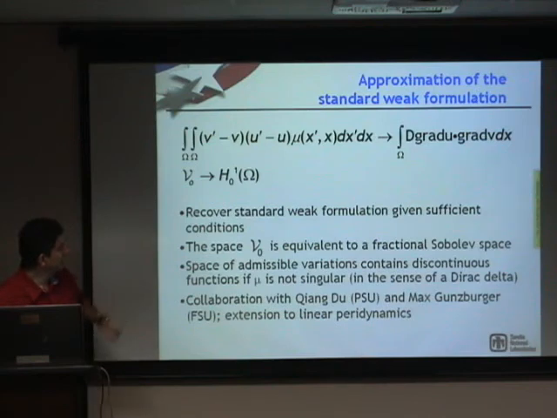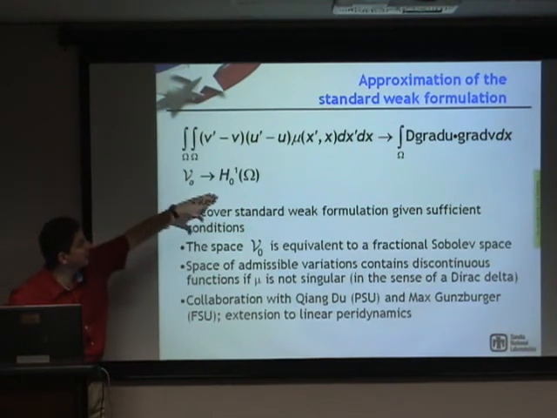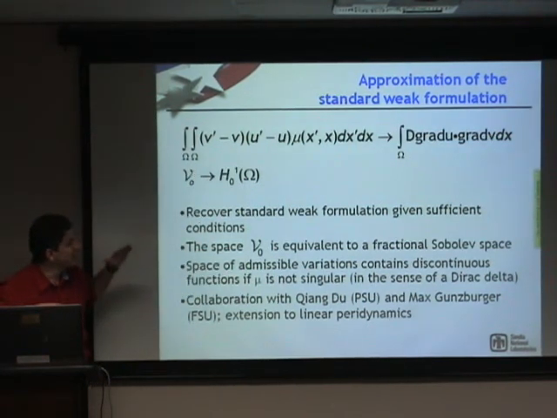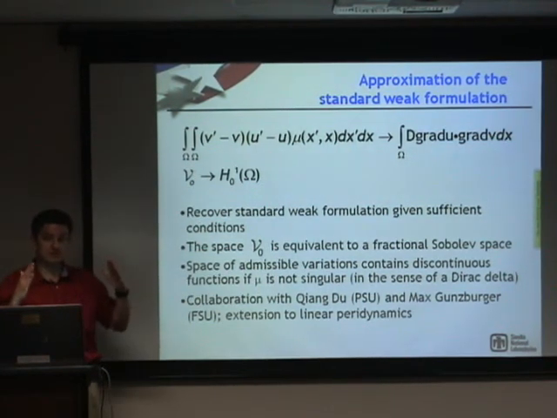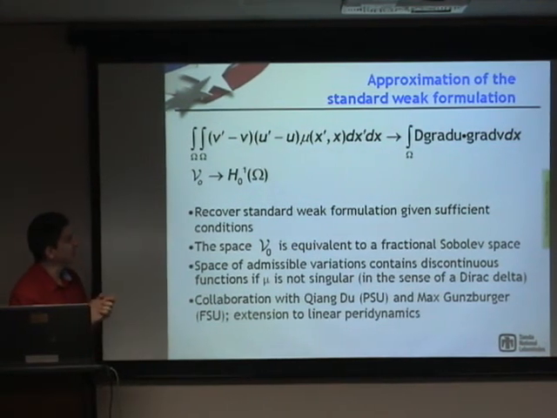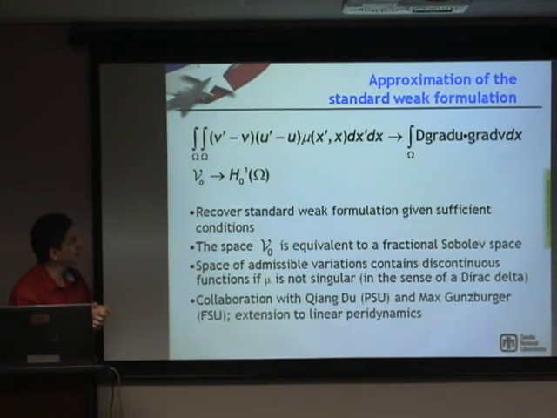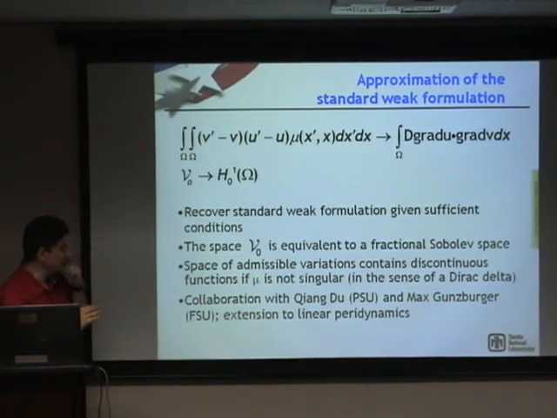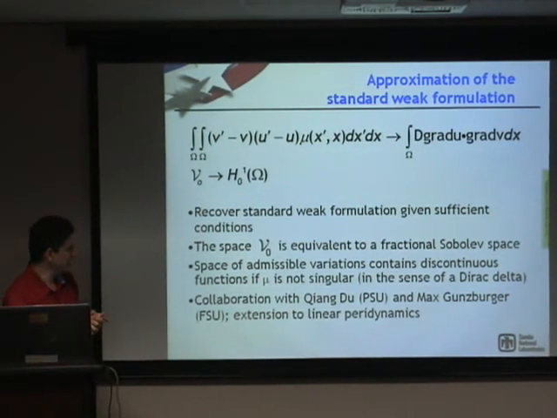In the linear theory, that's the thing that really changes things: the space of admissible variations contains discontinuous functions if mu is not singular, right? So the way you get this approximation is you're essentially going to assume that mu is an approximation to the Dirac delta. So you're localizing things, okay? If you stop and think about it, you would think, well, yeah, that has to be the case. Actually showing it is something else altogether, okay?